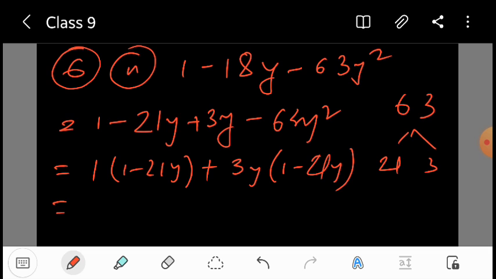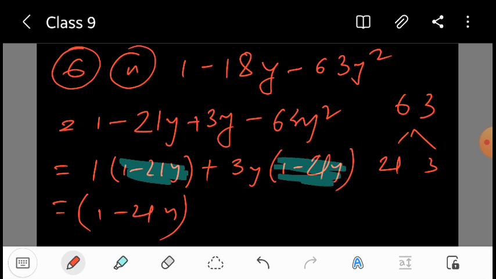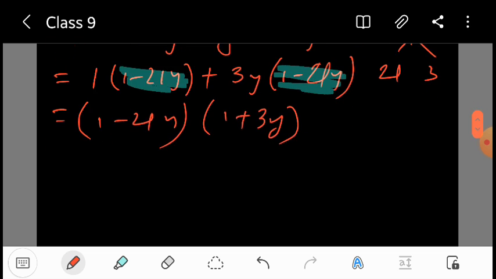Now again we can take common this one and this one, so that is 1 minus 21y, and that will be 1 plus 3y. So that is our answer.